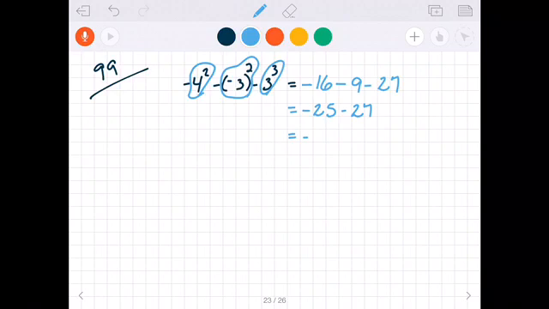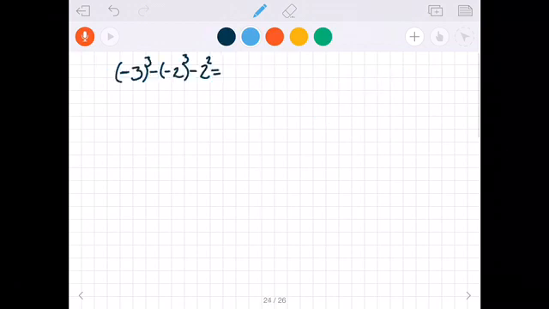Well, 5 plus 7 is 12. Carry the 1. 2 plus 2 is 4, plus 1 is 5. So our answer is negative 52. Let's look at the next one. And I would love for you guys to work these out. Pause the video, work them out, and then come back and see if you got the same answer as me.